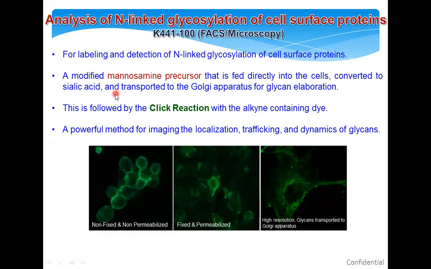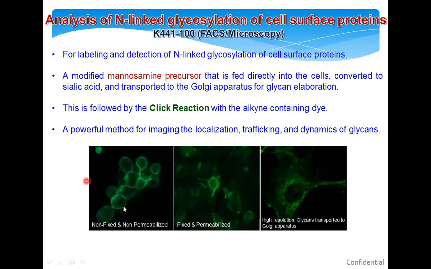It gets converted to sialic acid and is transported to Golgi for glycan elaboration. Then you do the click reaction by adding the fluorescent dye and copper; the alkyne is already in the mannosamine precursor, already incorporated in the final product. So it's a powerful method for imaging the localization, trafficking, and dynamics of glycans.